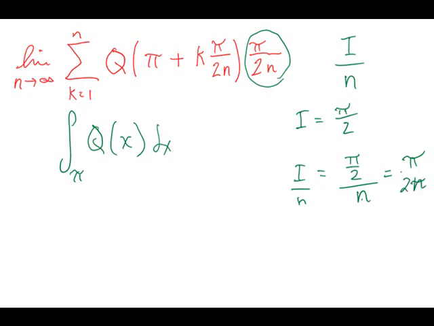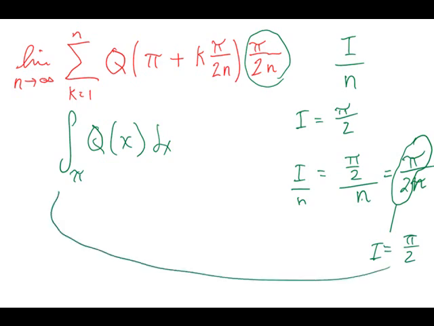So see, it's a little bit tricky in a case like that, but there is information that gives you, oh, I is equal to pi over 2. Now remember, I represents the interval width of the entire integral. So that means the upper limit of integration is going to be pi plus pi over 2. Or you could write it as 3 pi over 2. Kind of tricky, isn't it?